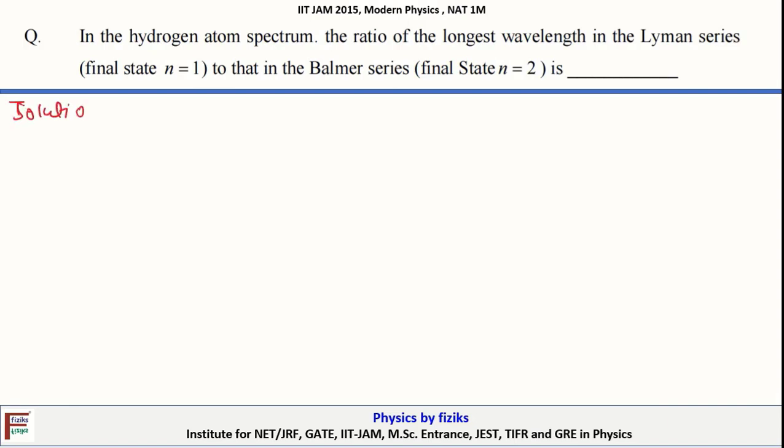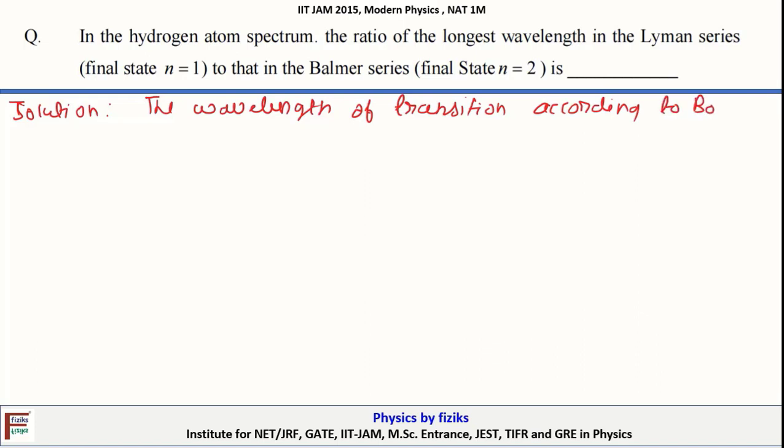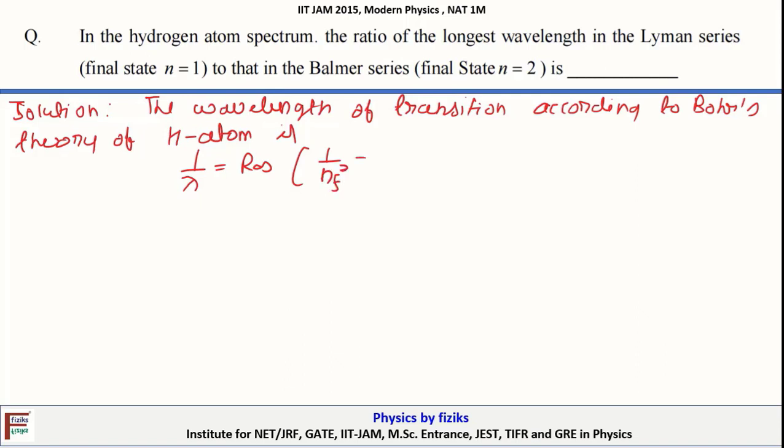Solution: the wavelength of transition according to Bohr's theory for the hydrogen atom is 1 by lambda equals R infinity into 1 by nf square minus 1 by ni square.